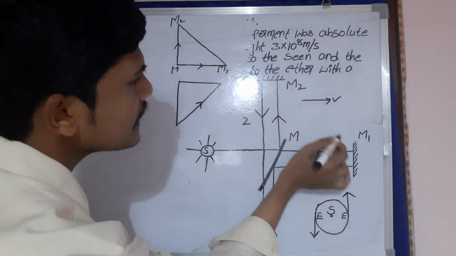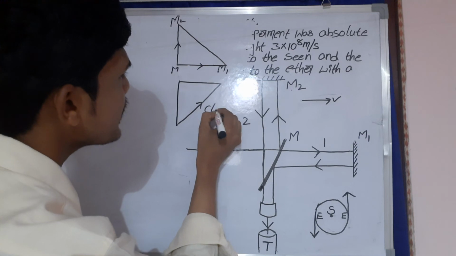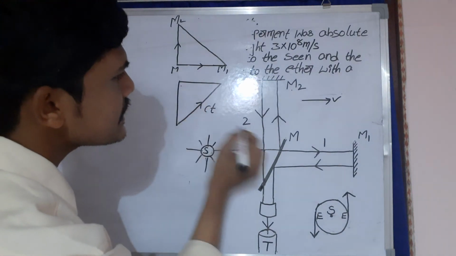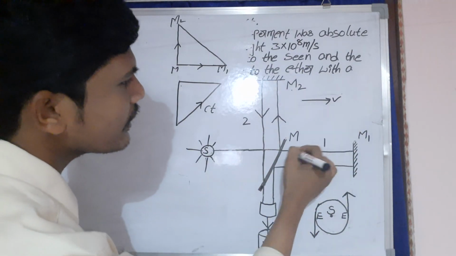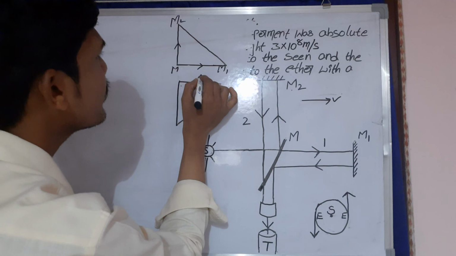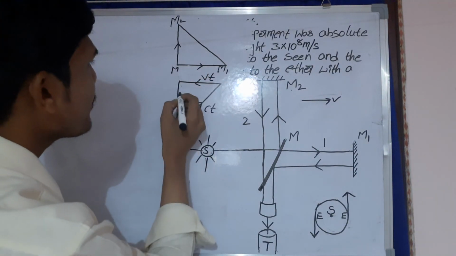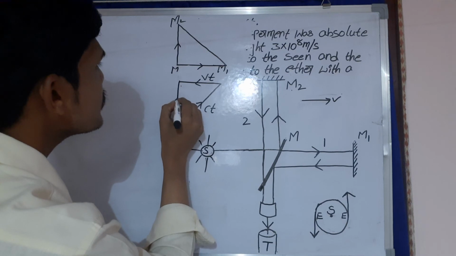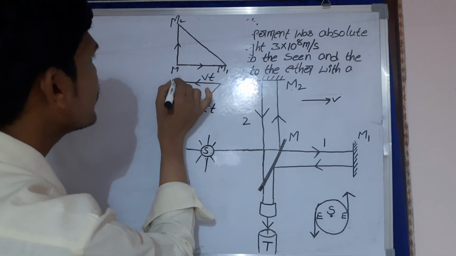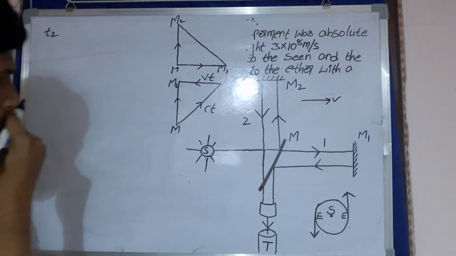This is the light speed c, the time taken t, and v is the velocity of the apparatus, so the distance is vt. This is the mirror M and M2. This is the diagram.